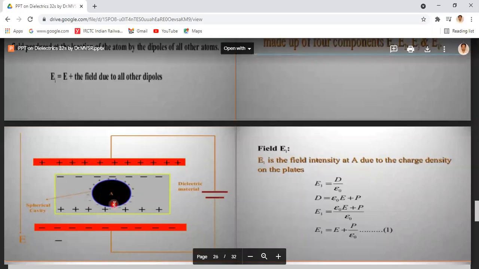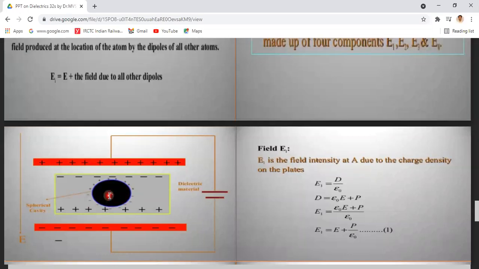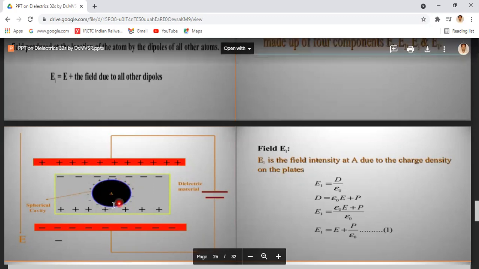On this atom, the electric field acts because of the capacitor, because of the dielectric material, because of the neighboring dipoles inside the spherical cavity, and because of the charges on the spherical cavity.